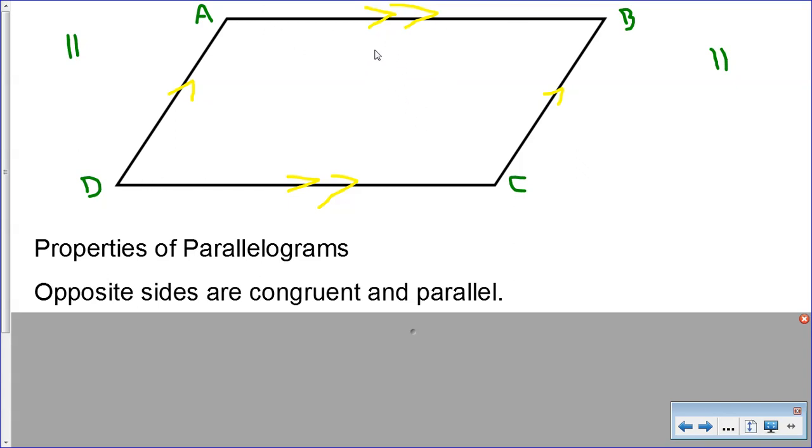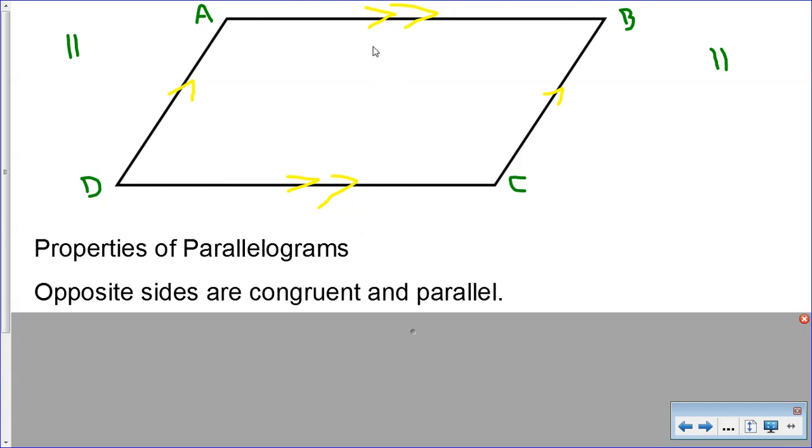That means each is parallel to any other line or line segment with two arrows on it. So AB is parallel to CD. Notice how they're directly across from each other. That's what we mean by opposite sides in the parallelogram. So again, AD is opposite BC, and they're parallel, and AB is opposite CD, and they're parallel.